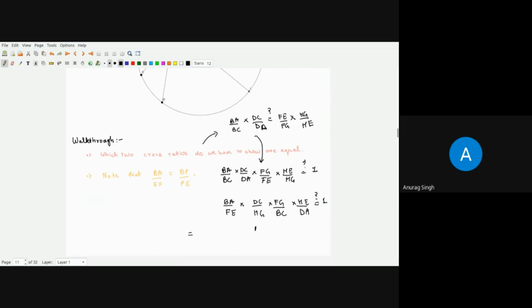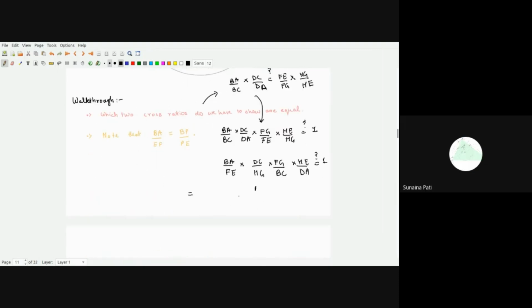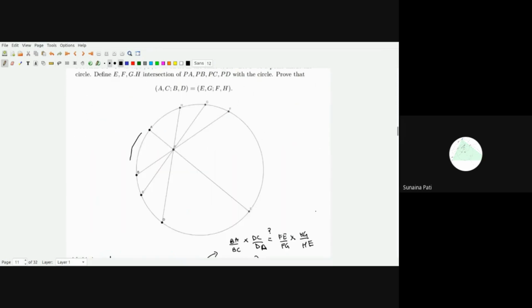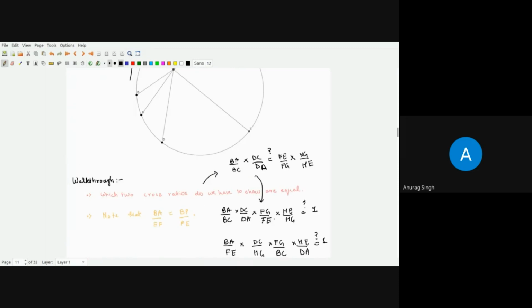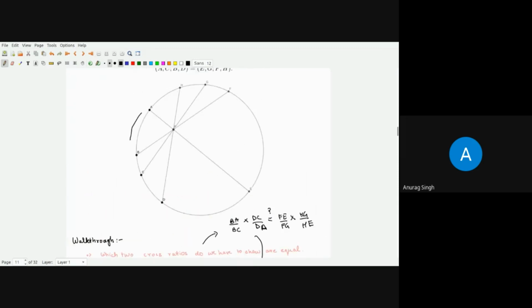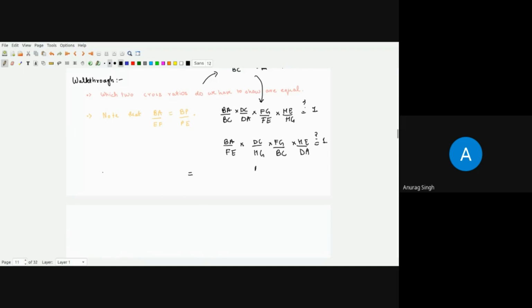Can you show the diagram so I can tell what's happening? Yes. Then we have DP by PH is equal to DP by PF. So DP by DH is equal to PF by PP. And this is what we needed.